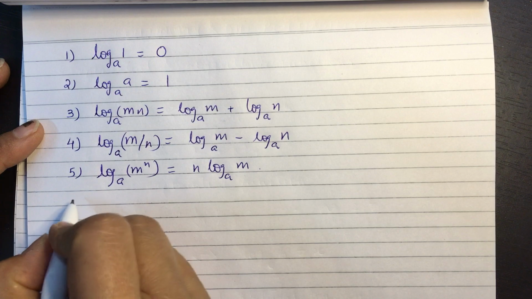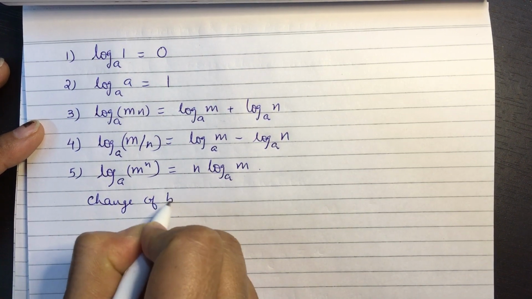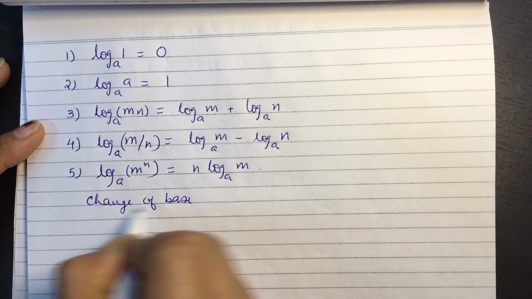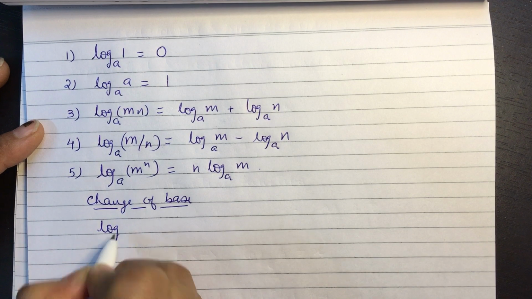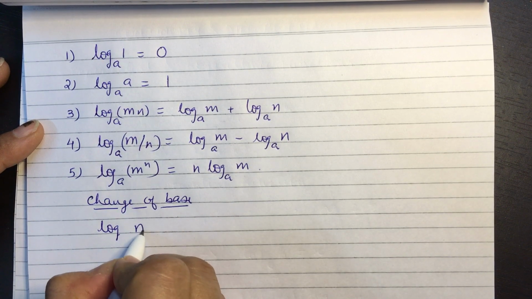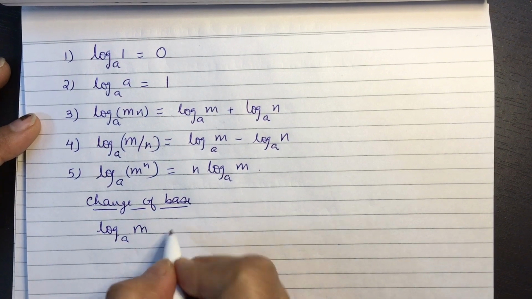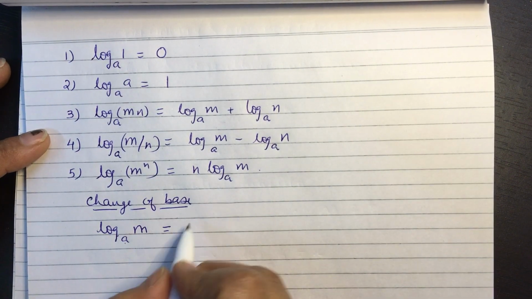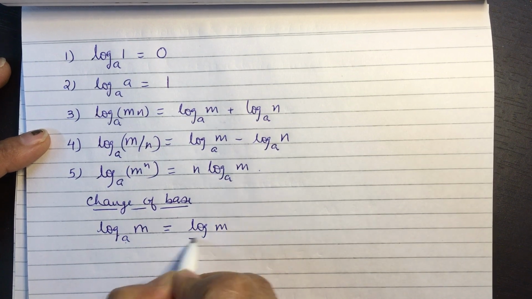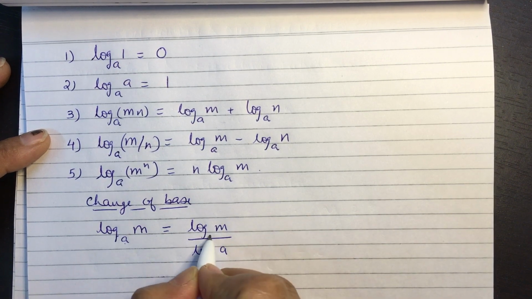Now there is another result, that is the change of base result. In that, log of m to the base a can be written as, you can change the base. So what we do is you write log m upon log a and you write any base, let's say b.